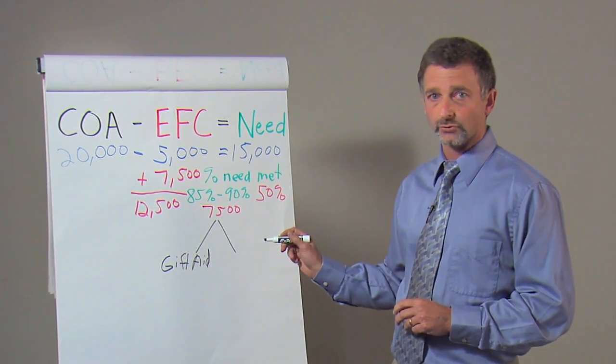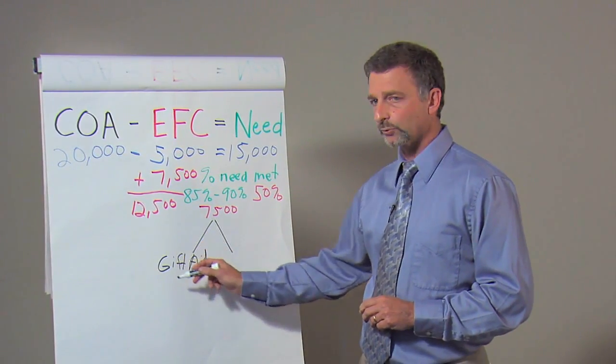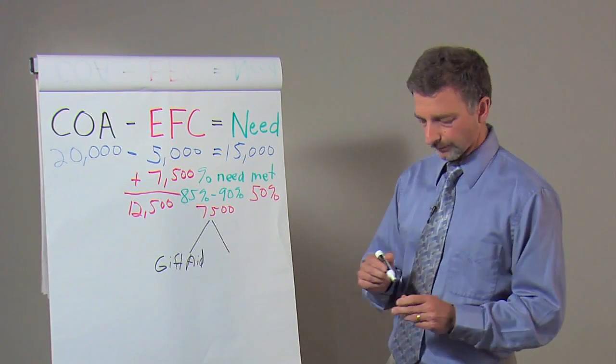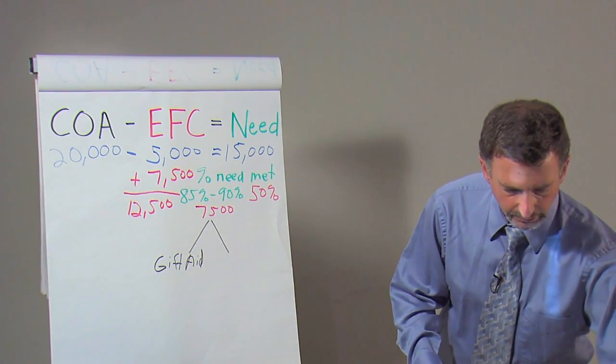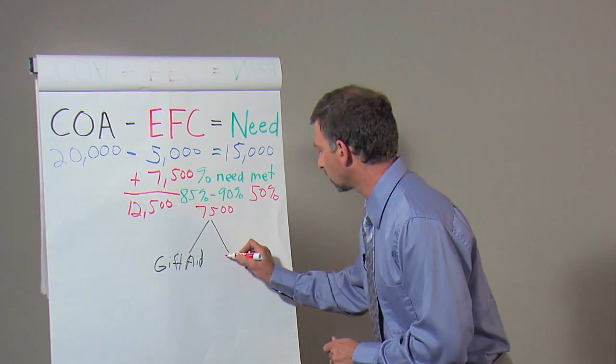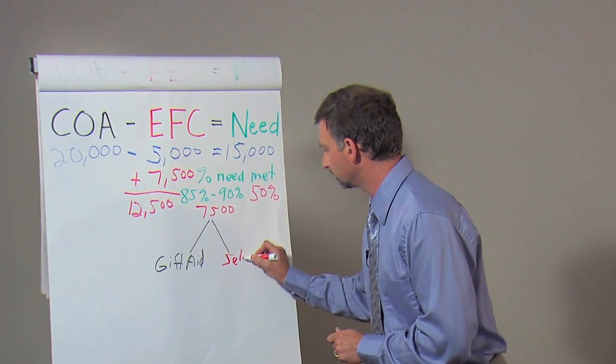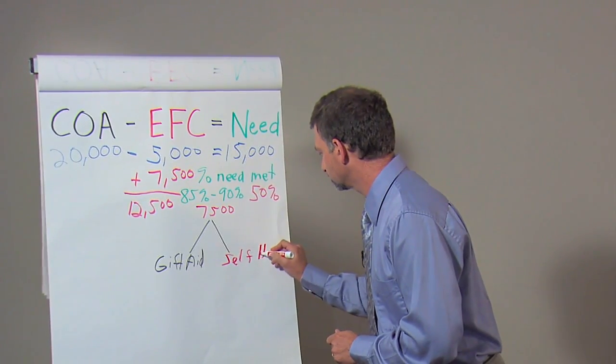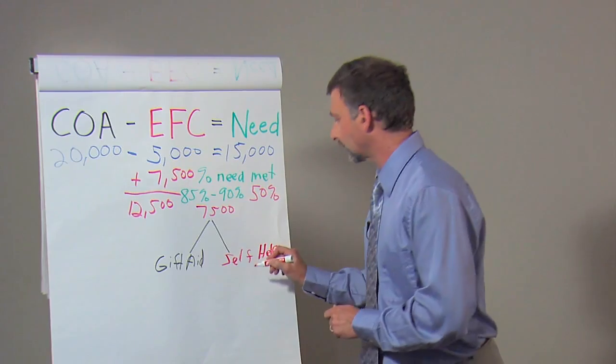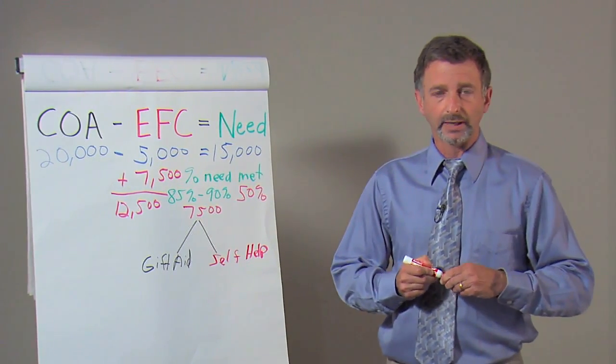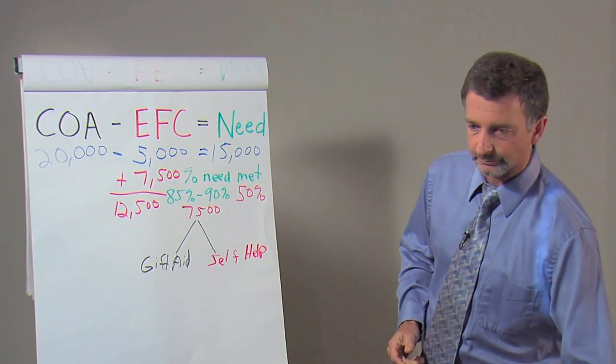It's grants and scholarships. Of course, this is the type of money you're really after. The other part of the money that they pay out is what we call self-help. Self-help is subsidized loans and work study.